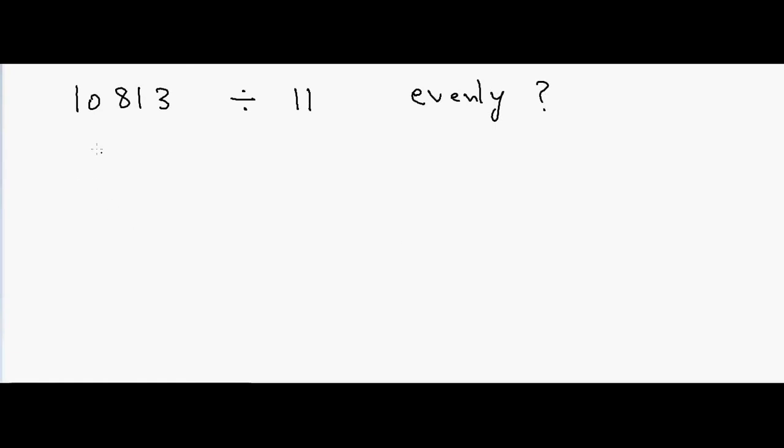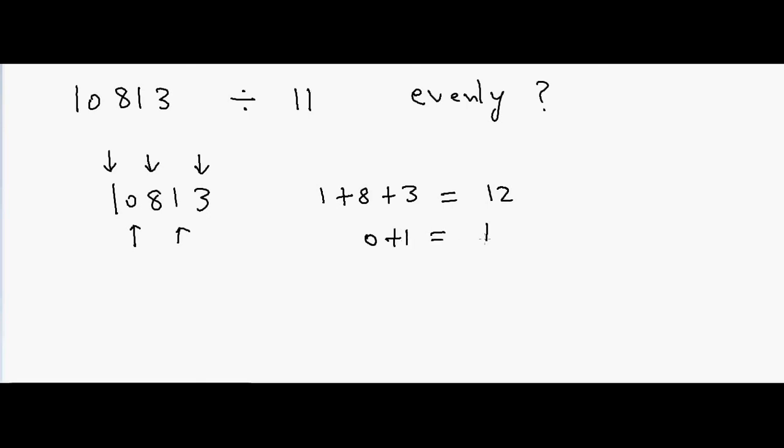So how will I do that? In that case I'll take 10813, and I take the alternate digits 1, 8 and 3, and I take the other alternate digits, and I add them together. So 1 plus 8 plus 3 is equal to 12, and 0 plus 1 is equal to 1.